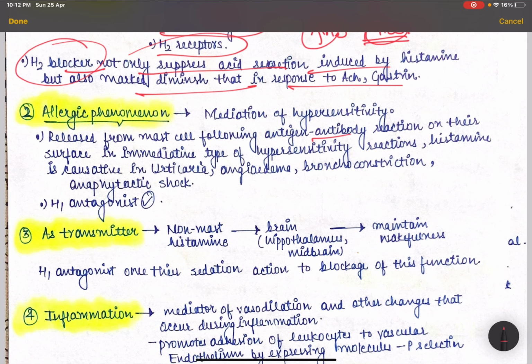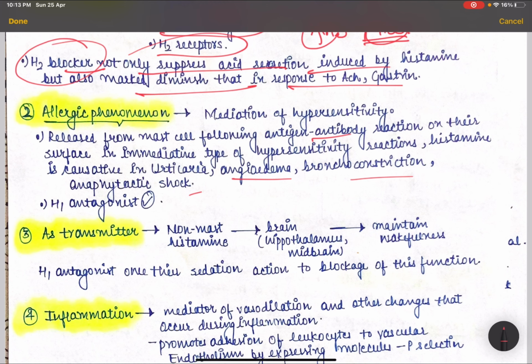So in the immediate type of hypersensitivity reaction, histamine is causative in urticaria, angioedema, bronchoconstriction and anaphylactic shock. Histamine H1 antagonists are very effective in controlling these manifestations to a considerable extent, except asthma and, to a lesser extent, anaphylactic shock in BP.